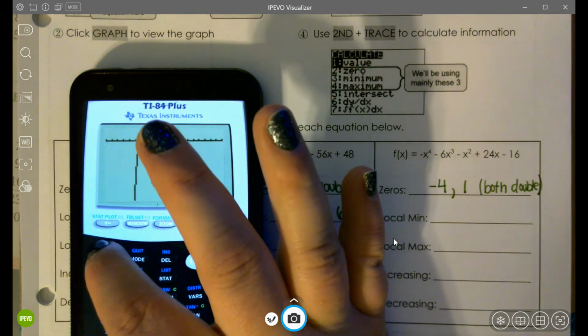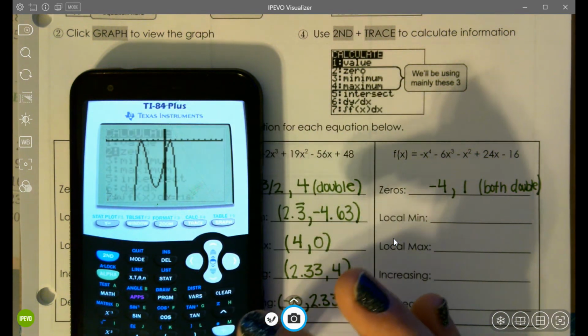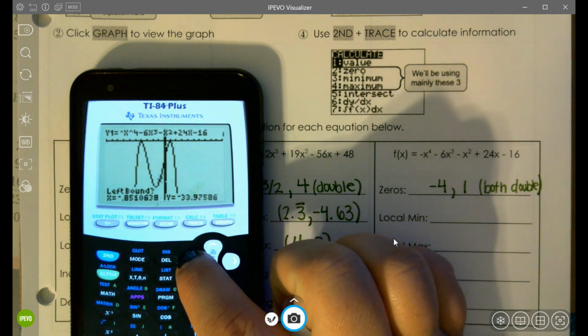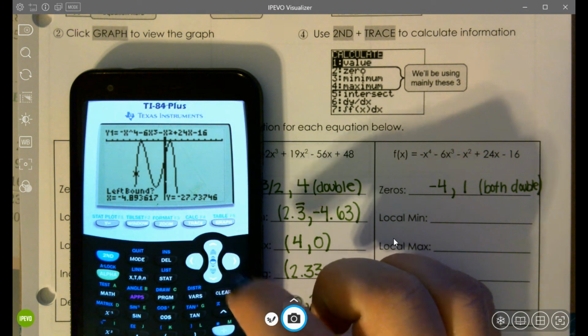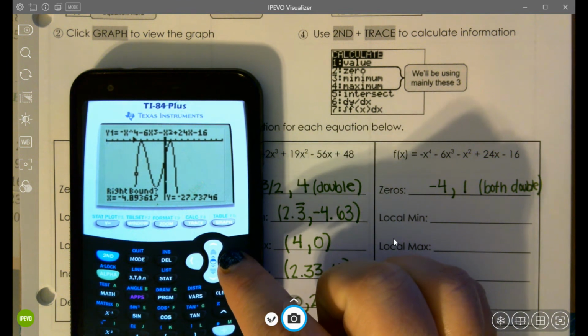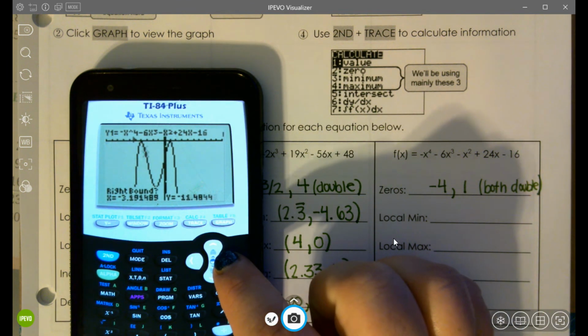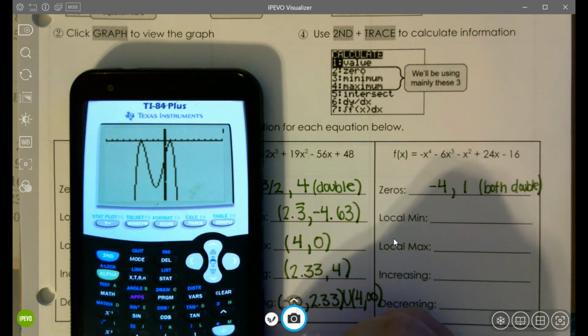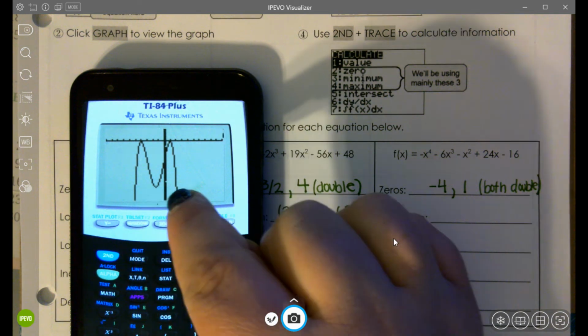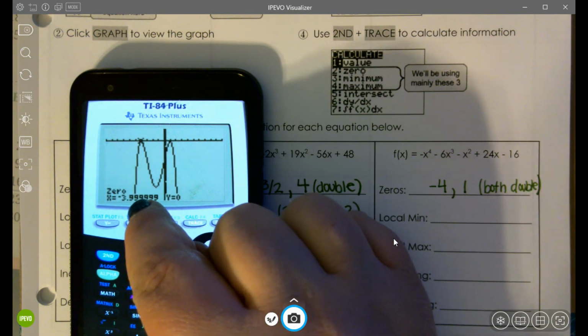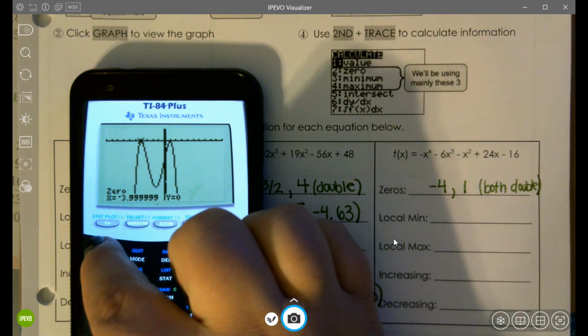And then I can do second trace zero, scroll over to the left, hit enter, scroll over to the right, hit enter twice. So my first 0 is at -4. And I'm going to do the same thing again.